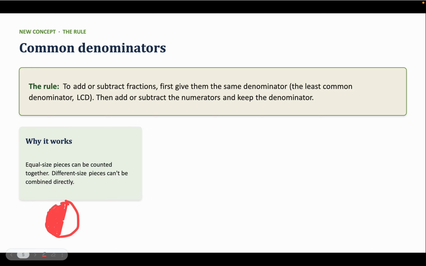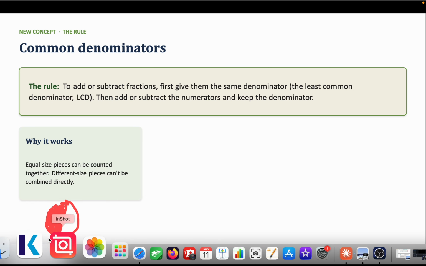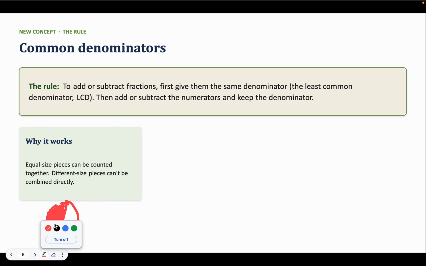And we need a common denominator of 4. We could split this pizza into fourths if we cut it again. And I'll just do this so we can easily see that. Okay, so now instead of 1/2, we have 2/4. So it's the same amount that we're talking about, it's just written in different terms.